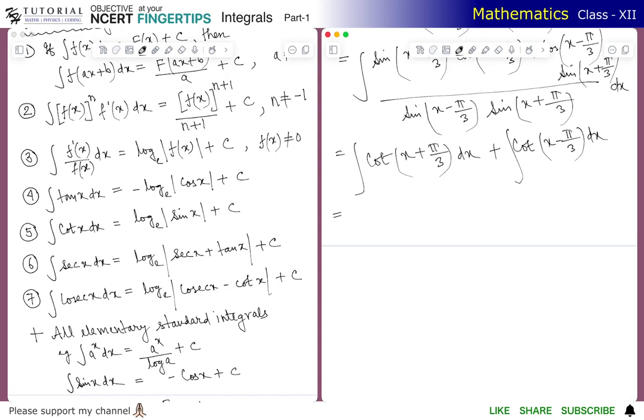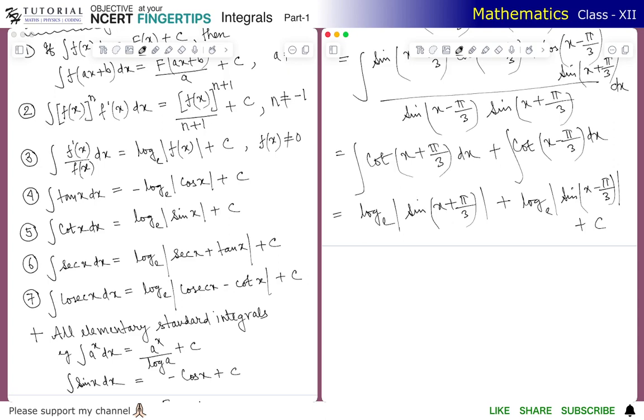Using the standard result, this integral becomes log of mod sin(x + pi/3), and this becomes log of mod sin(x - pi/3), plus the constant of integration.